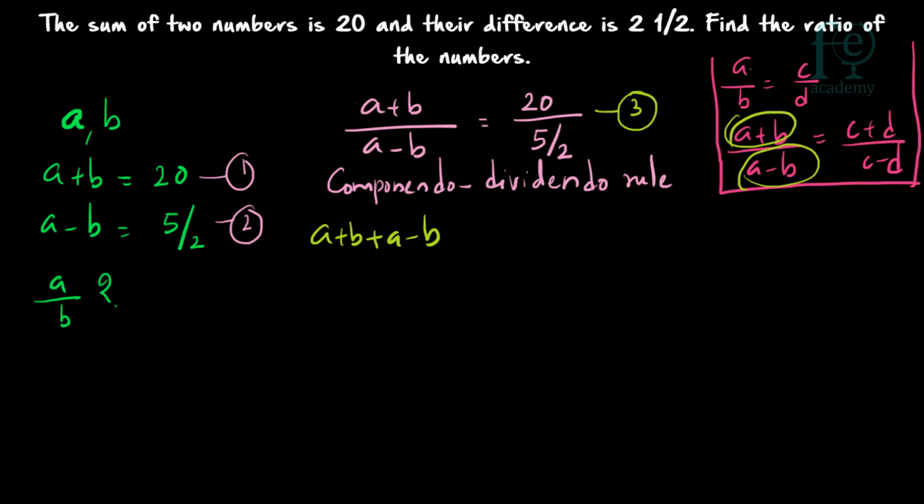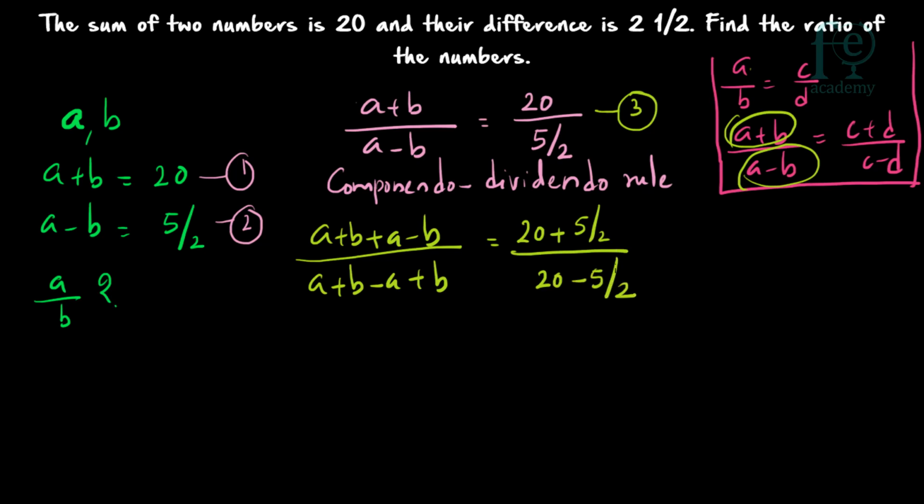Here the numerator is A plus B and the denominator is A minus B. So A plus B minus A plus B. Same way, to the right hand side you have to apply the same rule. So it will be equal to 20 plus 5 by 2 divided by 20 minus 5 by 2.